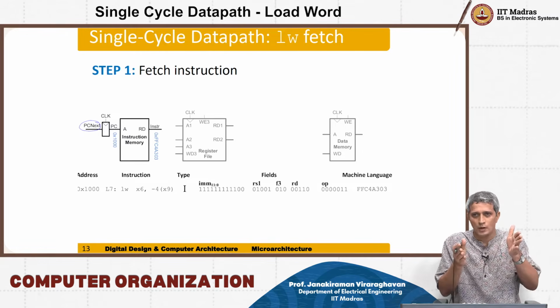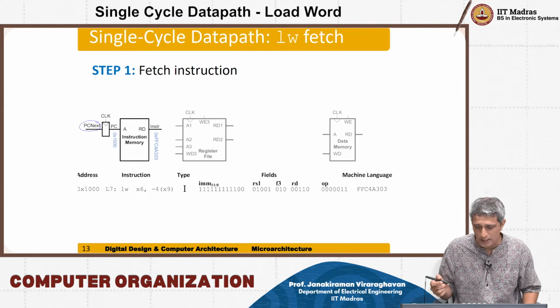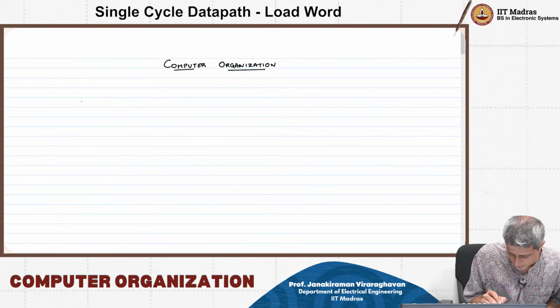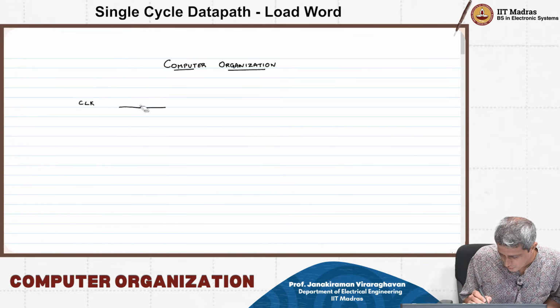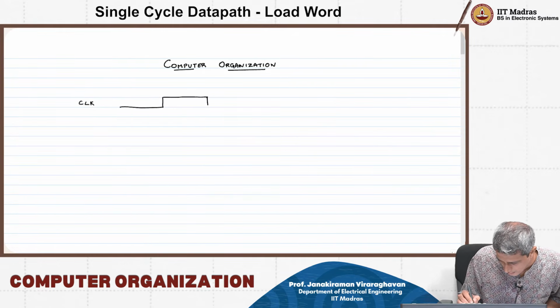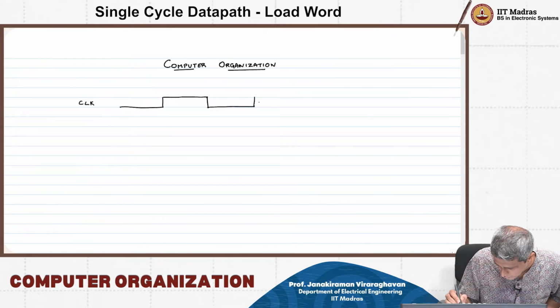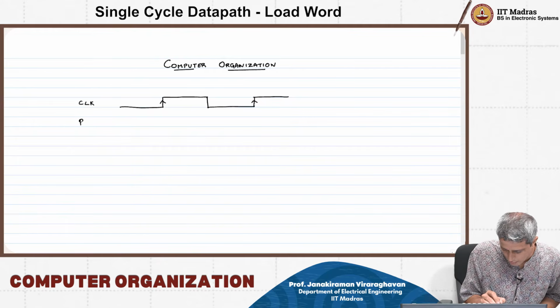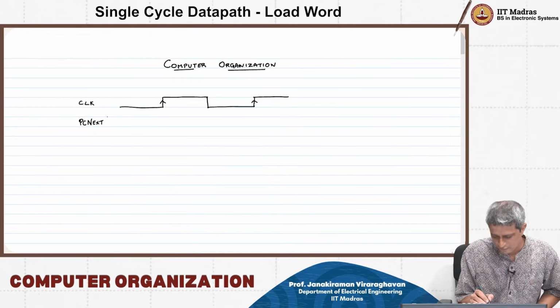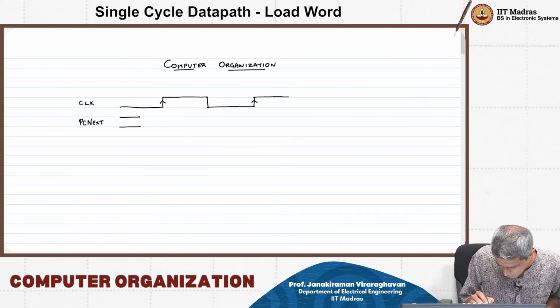So what we are basically saying here, if you look at the timing diagram of this implementation, is the clock is here, and then you have the PC next, where we have gone and set it to some particular value like this.